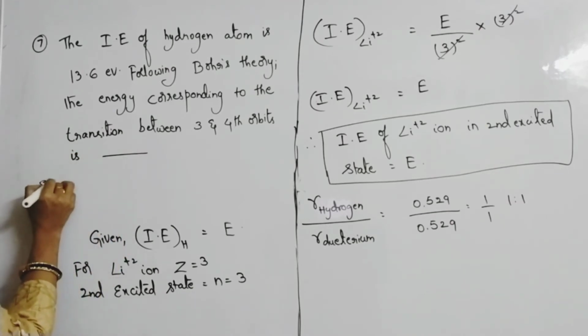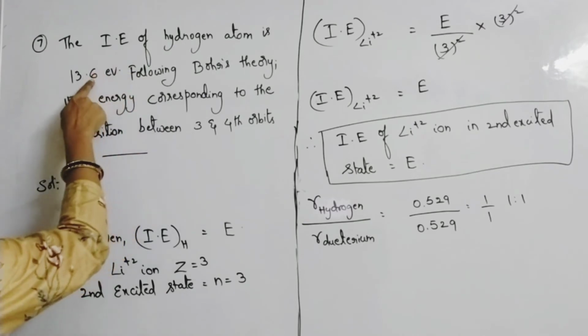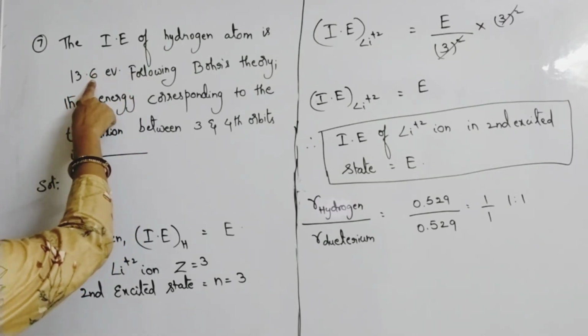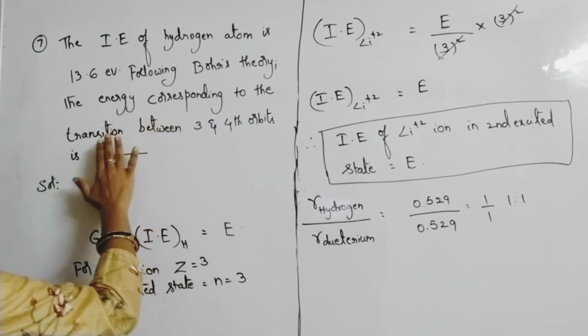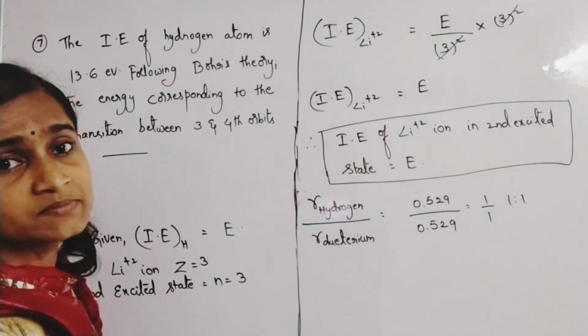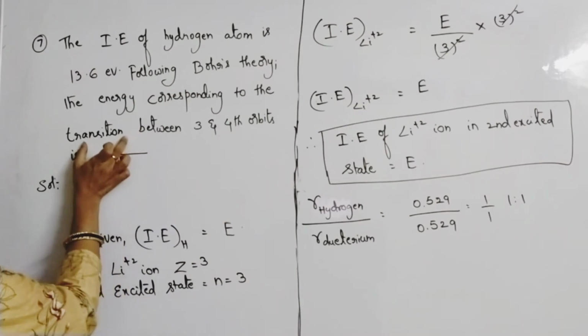This is the question. So he gave the ionization energy of hydrogen atom, given as 13.6 electron volts. Now we have to follow Bohr's theory, and accordingly an electron has a transition between third and fourth orbits. Then what might be the energy corresponding to this transition?